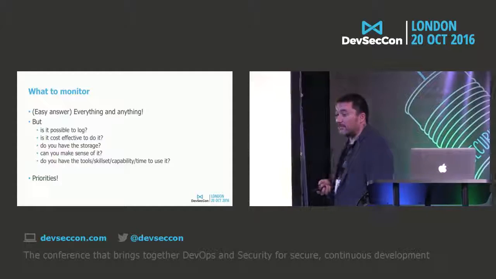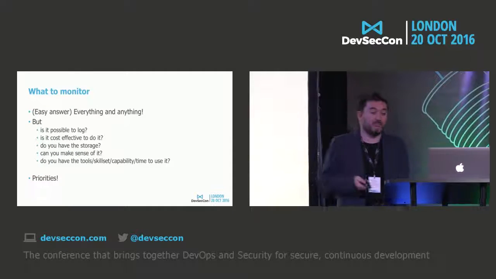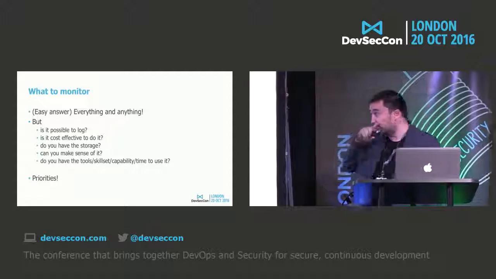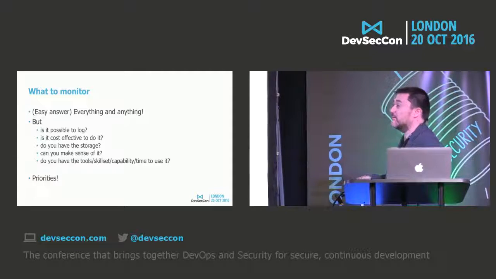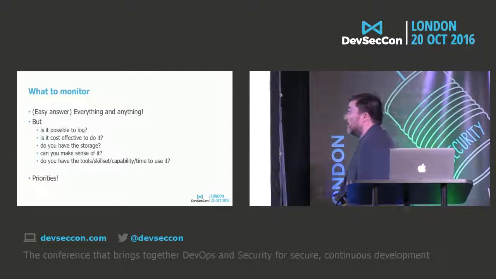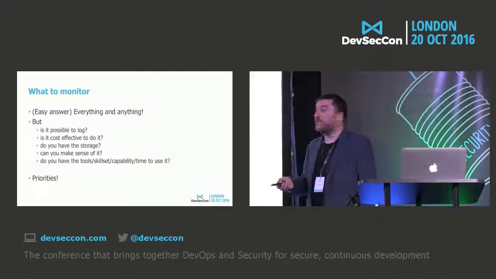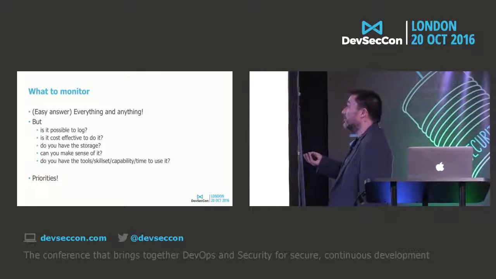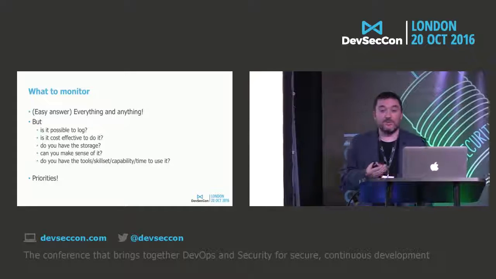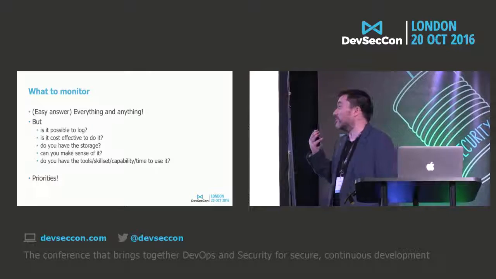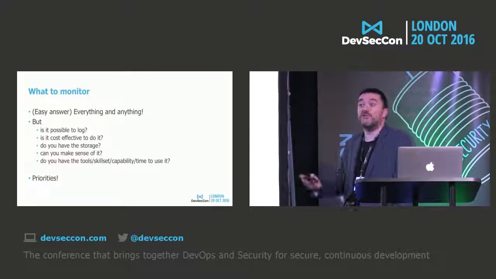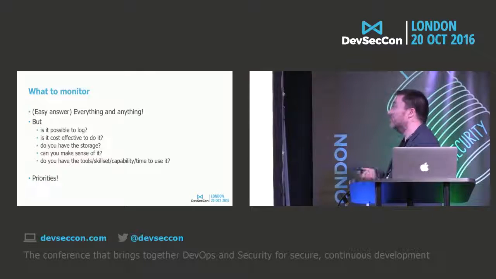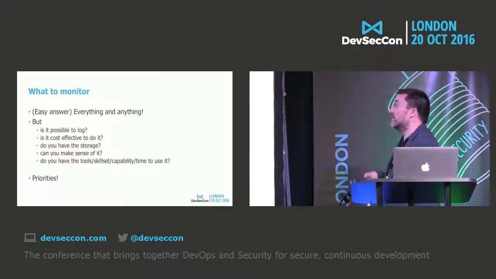Technically it's possible to get logs for certain things, but maybe you cannot make sense of them, or they're not really useful, or nobody knows what they mean. And of course, you need to have the ability to use them. You need to have the tools or the skills or the time and the motivation to use those logs for whatever reason.